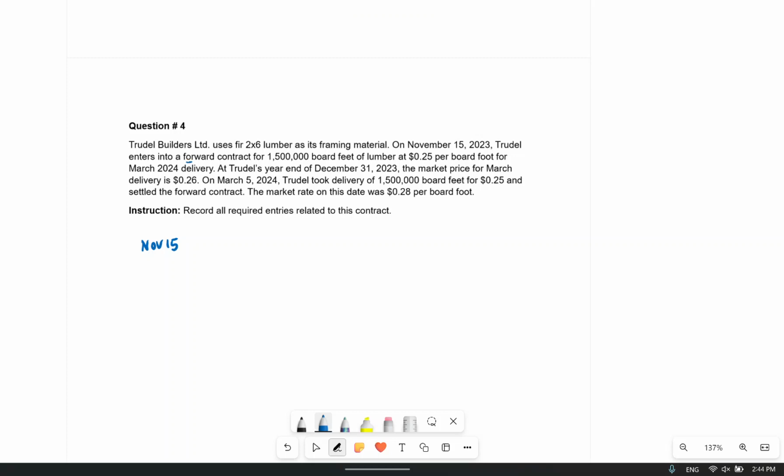What type of contract is it? A forward contract. Did we pay any down payment? No. We're going to get this delivery in 2024. So on November 15, 2023, we just signed a contract. If you signed a contract and did not pay any deposit, then no entry at this point.